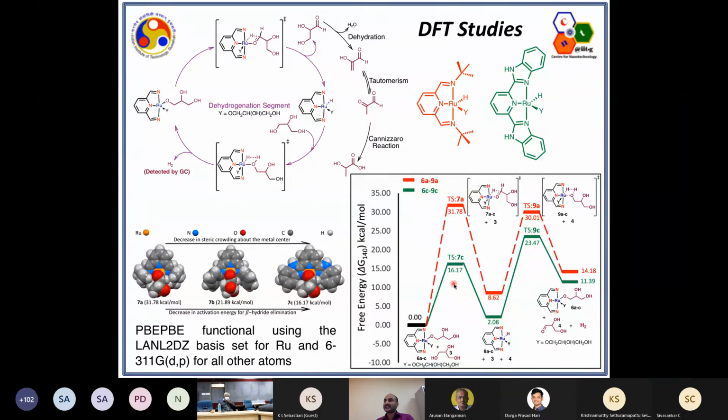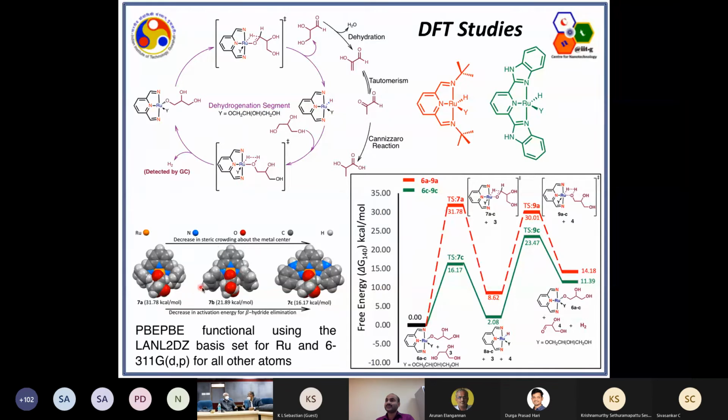So both the rate determining step as well as the beta hydride elimination are more favorable for the bis-imidazole based catalyst. And with bis-imidazole, you would expect that the electron density on ruthenium is less, which sort of favors the beta hydride elimination.